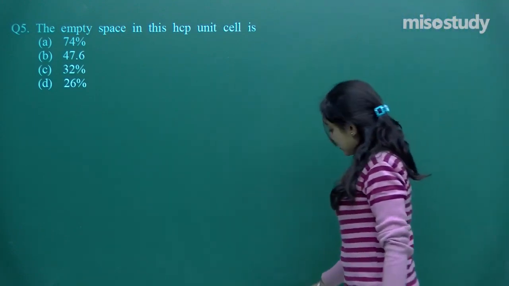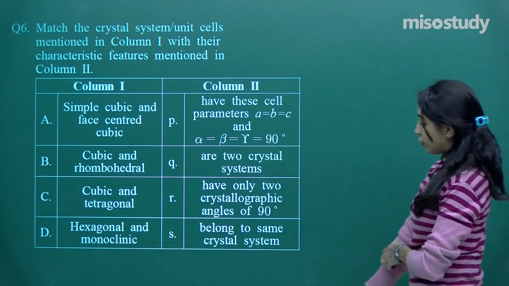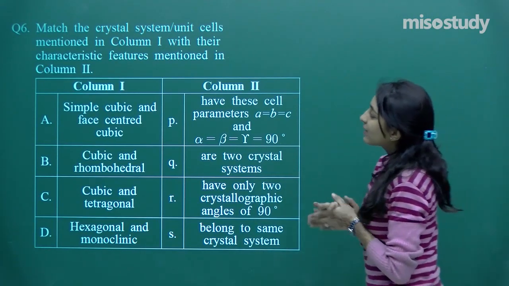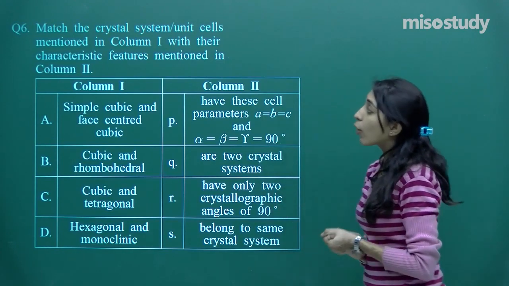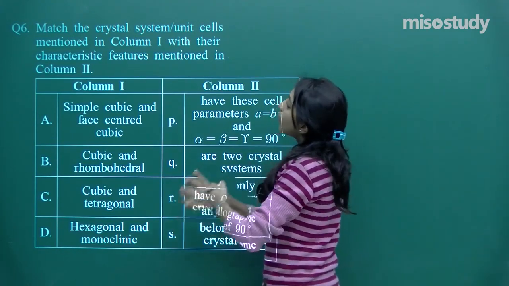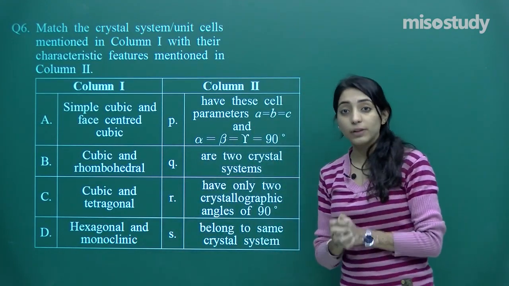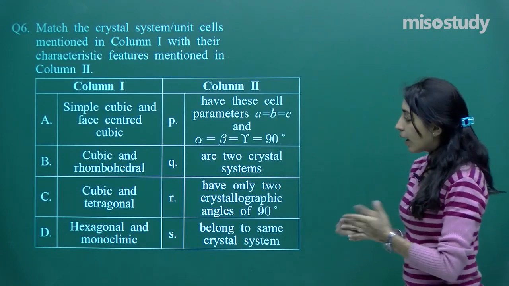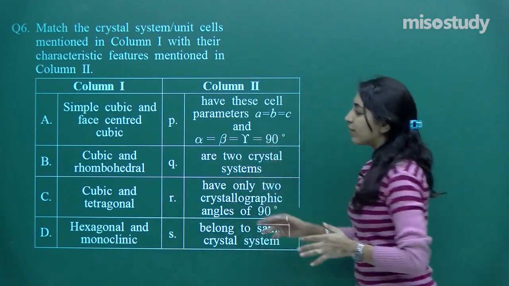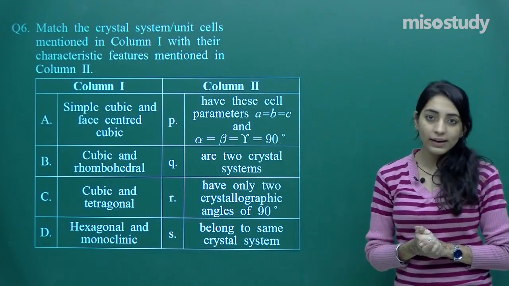Oh, it's a match the following question. The question says to match the crystal system or the unit cells mentioned in column 1 with their characteristic features mentioned in column 2. Column 1 is given, column 2 is given, and A, B, C, D four options and P, Q, R, S four options are given.